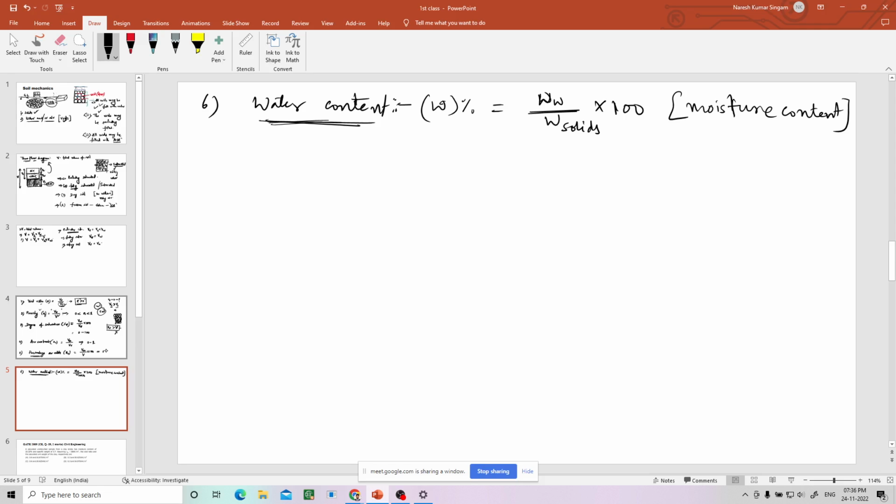Now we'll be entering into unit weights of soil. One is bulk unit weight.